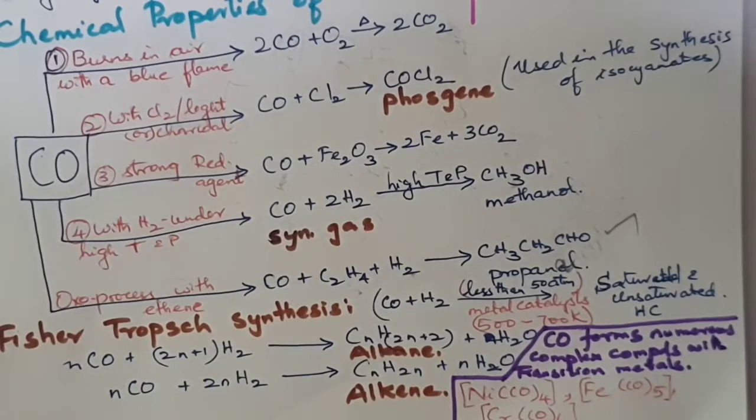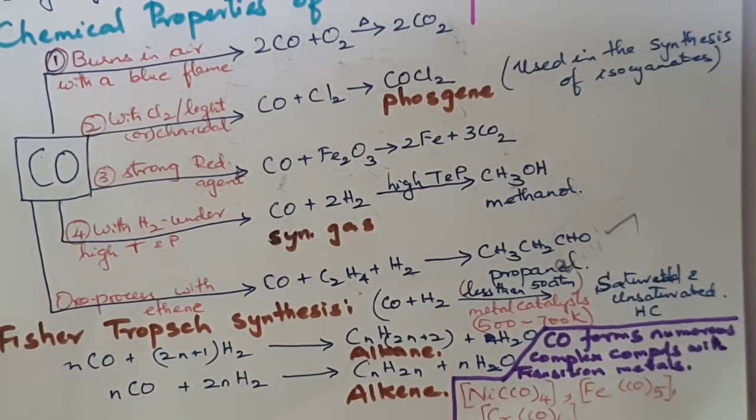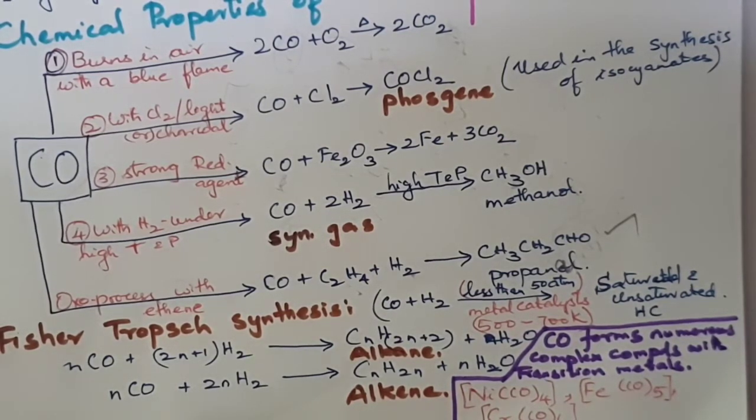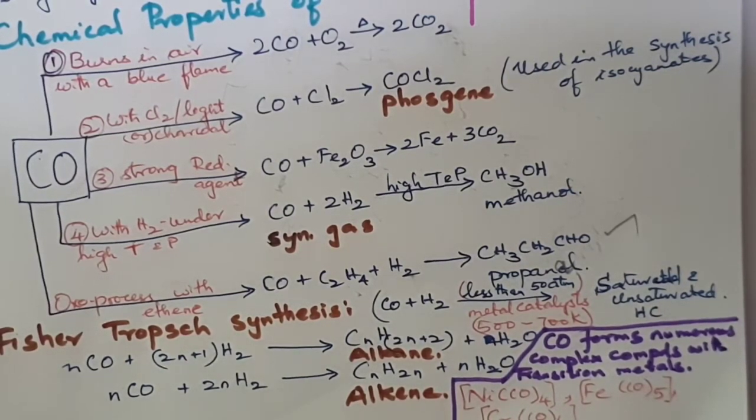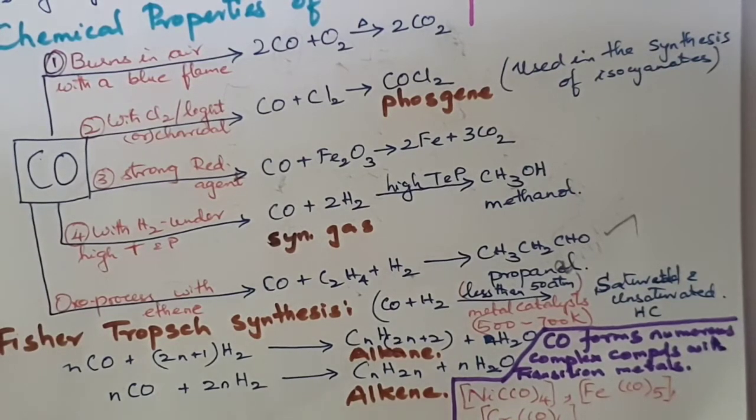When we learn about carbon monoxide, the Fischer-Tropsch synthesis is of importance. The reaction of carbon monoxide with hydrogen at a pressure of less than 50 atmospheres using a metal catalyst at 500 to 700 Kelvin gives us a saturated or an unsaturated hydrocarbon.